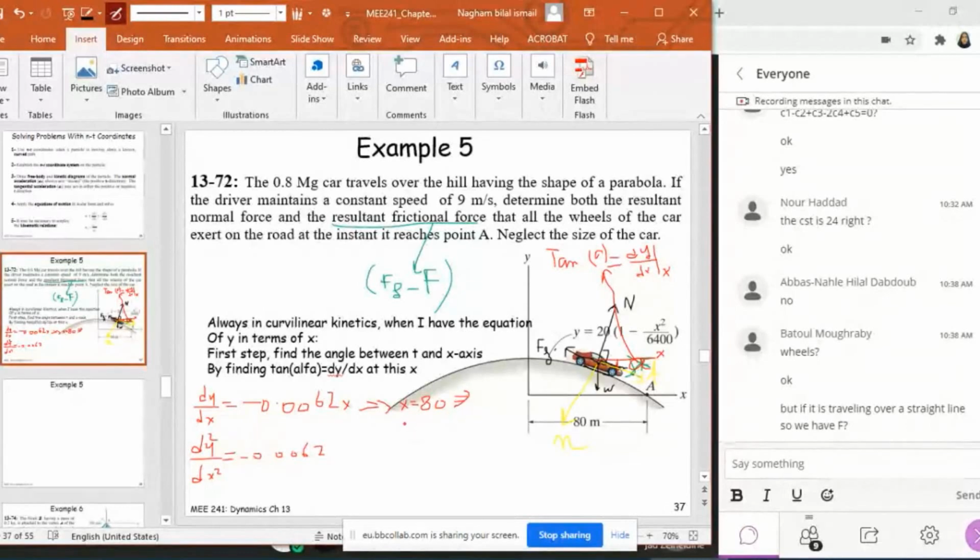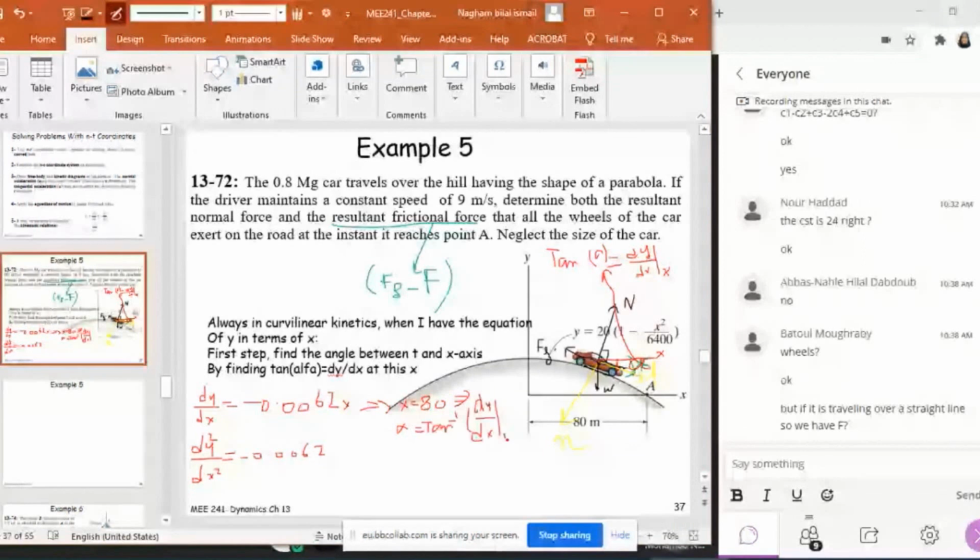So alpha is equal to the arctangent of dy over dx at x is equal to 80. And this means, guys, that alpha is equal to minus 26.57.